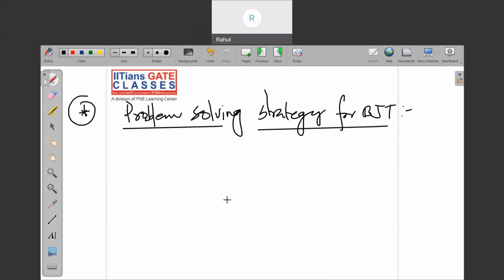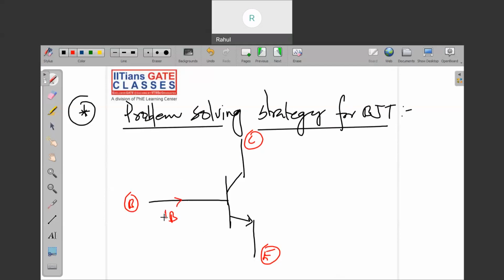Suppose this is a bipolar junction transistor given. All the node voltages and currents I'm going to identify here. This is your base terminal, this is your collector terminal, and this is your emitter terminal. First of all, we have identified the terminals. There will be a current IB, a current IE, and a current IC.